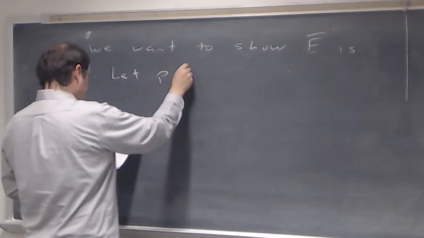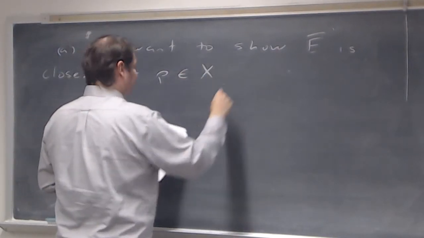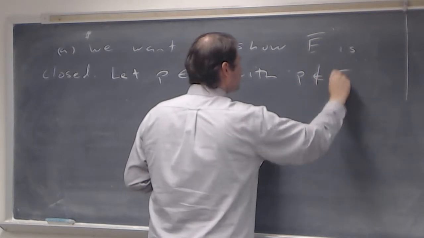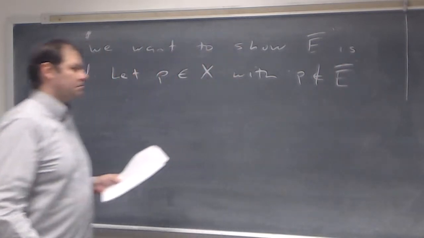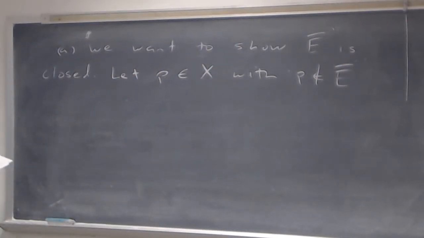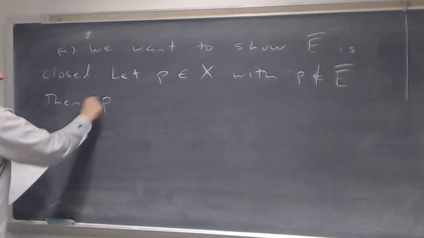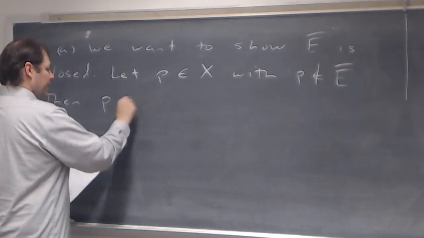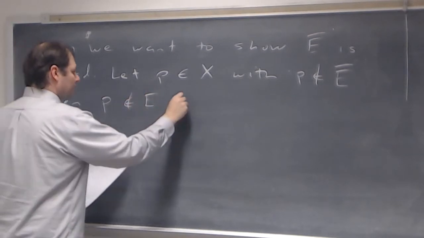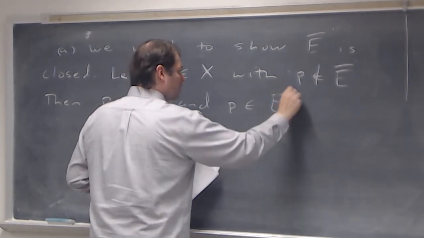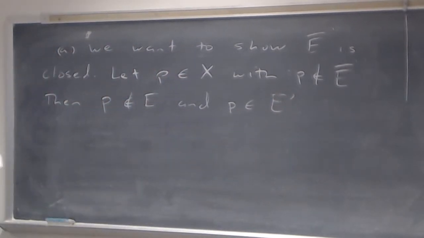So here we let P be an element of X with P not being an element of E closure. So how can that be? Well, that means that because of the definition of E closure, P isn't an element of E, and P is not an element of the limit points of E.